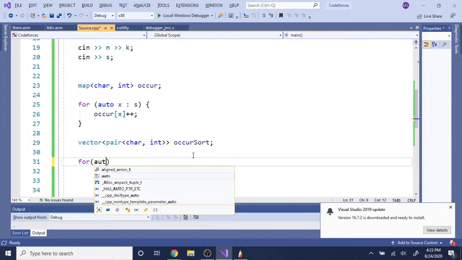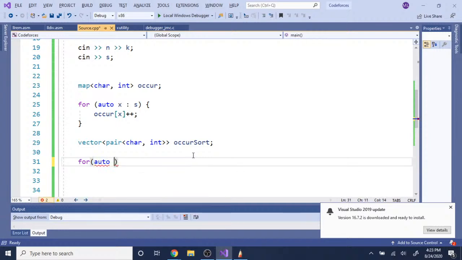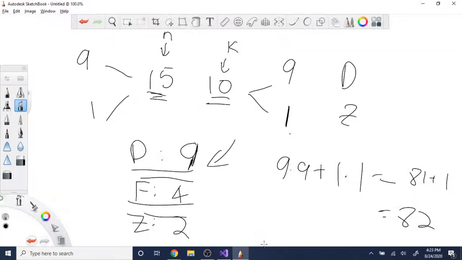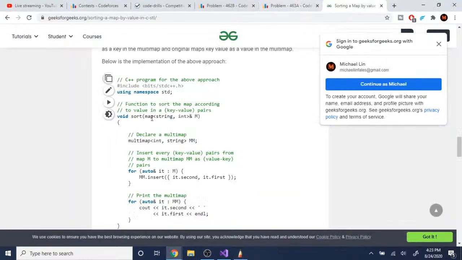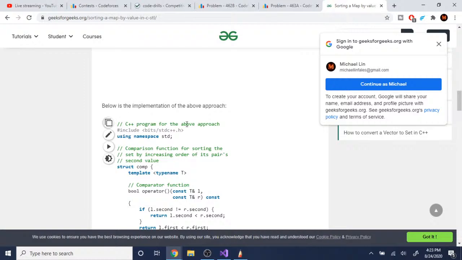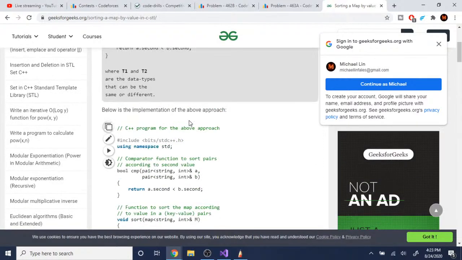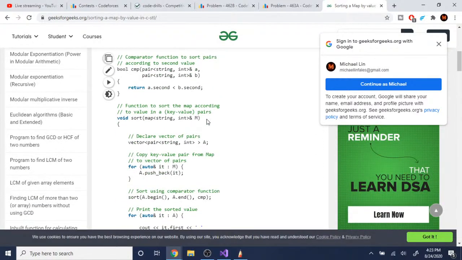For every auto... crap. For every, how do I, okay. Let's go back to here. Push back.